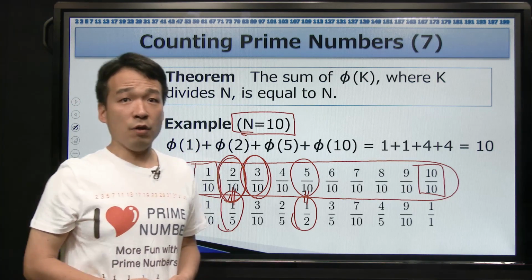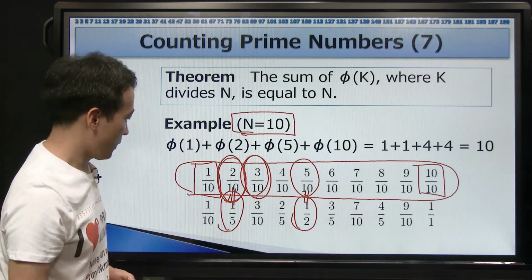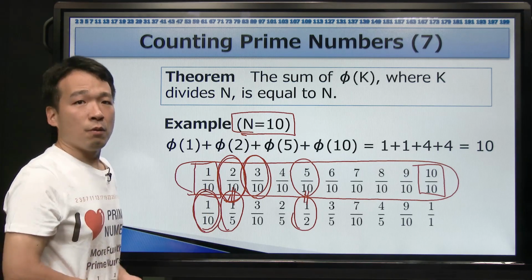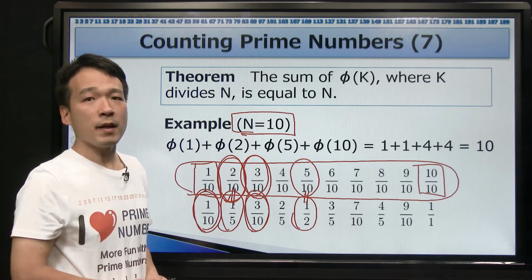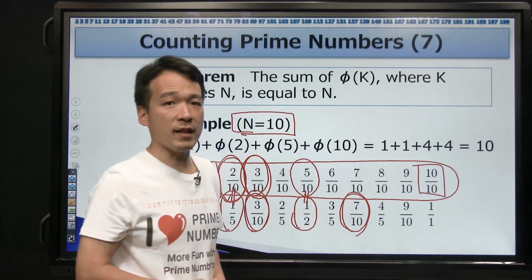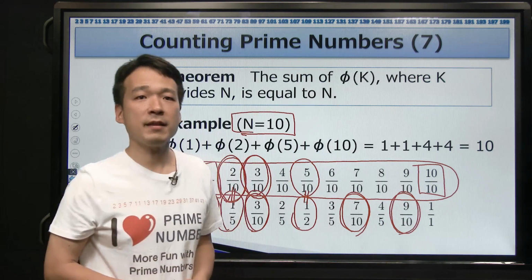There are 4 fractions with denominator 10. These are 1/10, 3/10, 7/10, and 9/10.